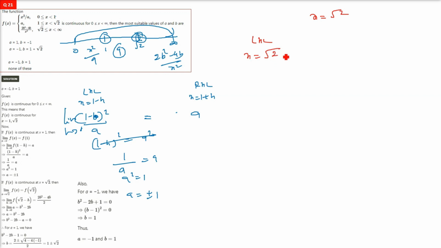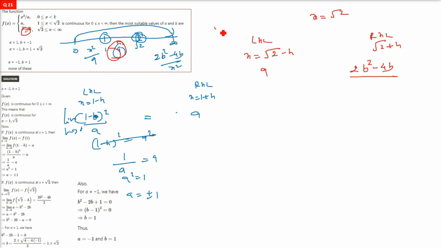We have to put x as root 2 minus h for the left, and root 2 plus h for the right hand limit. So the left hand limit is a, you don't have to do anything because it is already a constant. Where are you going to put root 2 minus h? Nowhere. On the right hand side, it is 2b square minus 4b. This is also a constant. But in the denominator, you have to put root 2 plus h whole square.